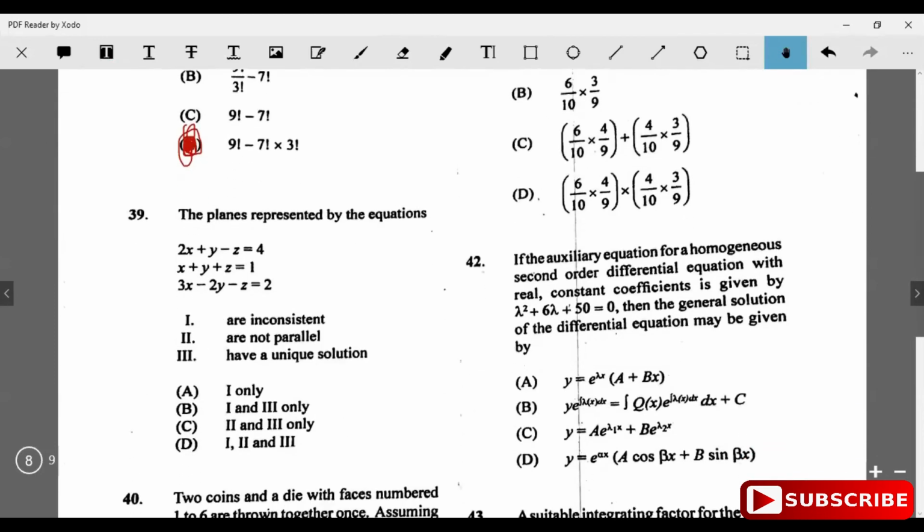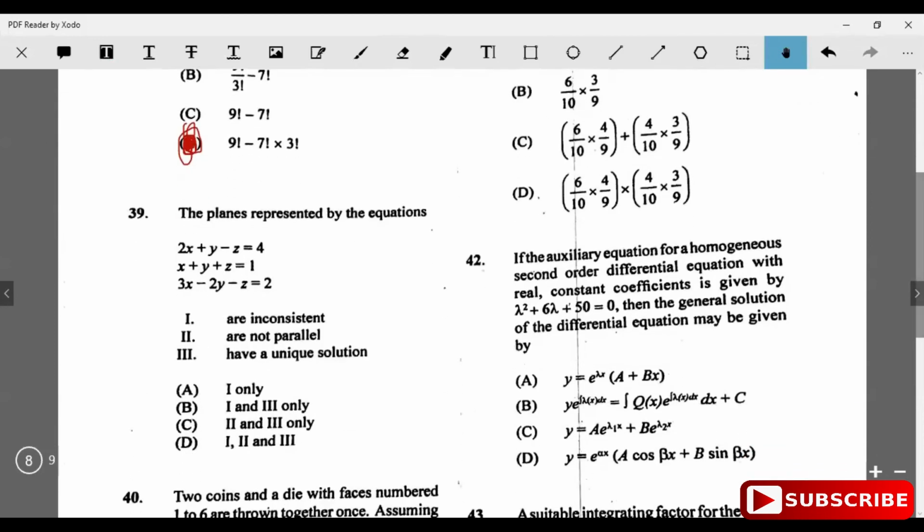Question 39. It says the planes represented by the equations 2x plus y minus z, x plus y plus z, and 3x minus 2y minus z equal 2. Which of the following is true? How are you going to know if it's true?